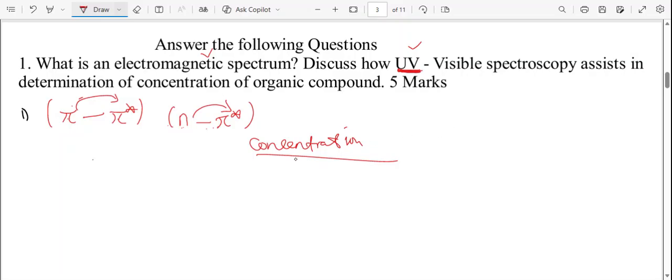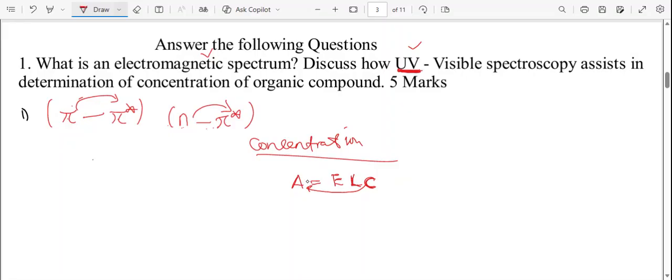Since concentration is directly proportional to absorbance, the Beer-Lambert equation is given as A equals epsilon times l times c. A is the absorbance, epsilon is the molar absorptivity constant, l is the length of the cuvette, the instrument where you put your sample, and c is the concentration. So concentration is directly proportional to the absorbance.